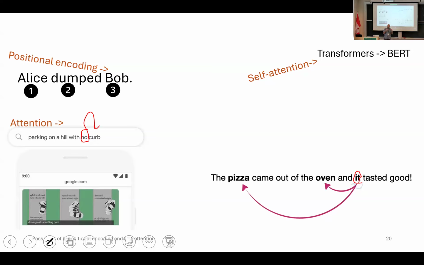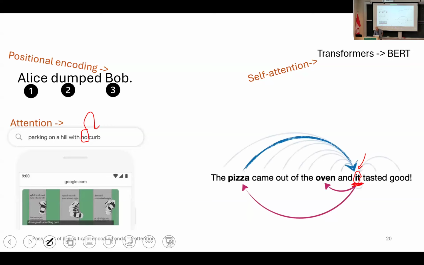So when we say understand, it's all about statistics, and from that kind of co-occurrence statistics, the model would know when it is trying to figure out what this word refers to. The two options are oven and pizza. One of them makes sense statistically, the other doesn't, based on previous things. So it has this kind of attention influence from each other word when it is encoding the word it.